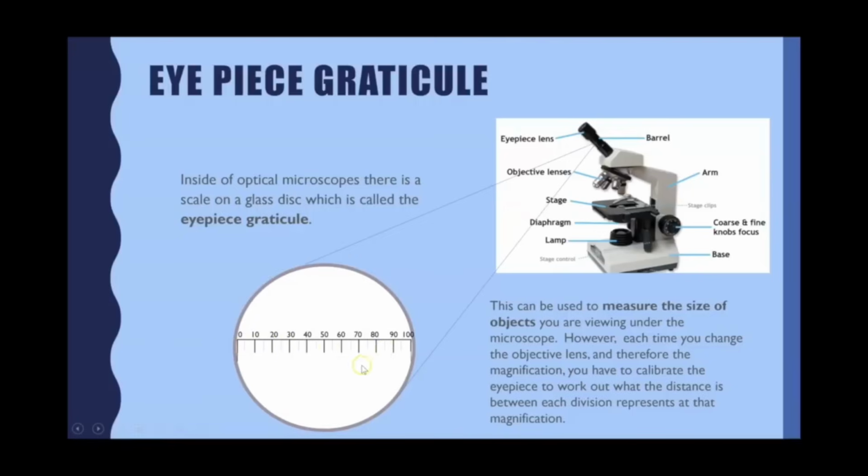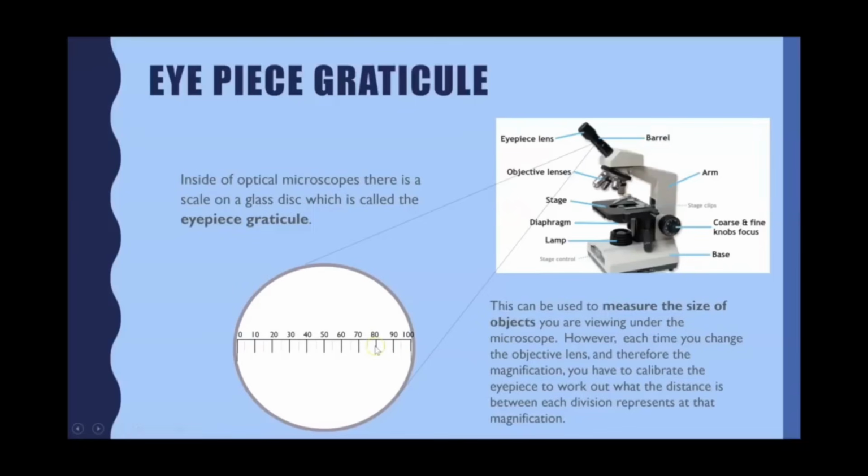That is so you can line it up on top of whatever you're visualising to see how many divisions on your eyepiece graticule the nucleus covers, for example. That can then be used to measure the actual size of the objects you're viewing under the microscope, rather than using the formula that we saw on the previous slide.